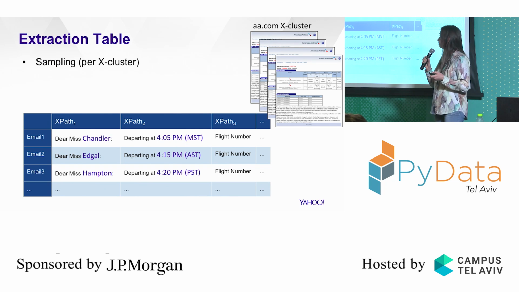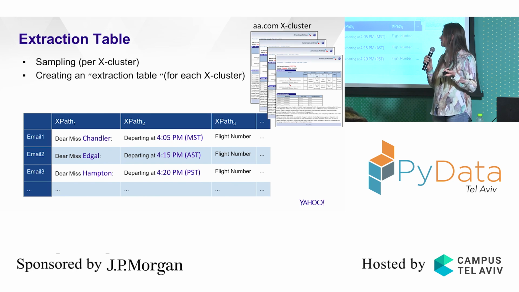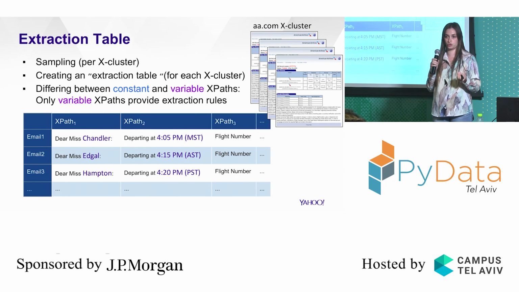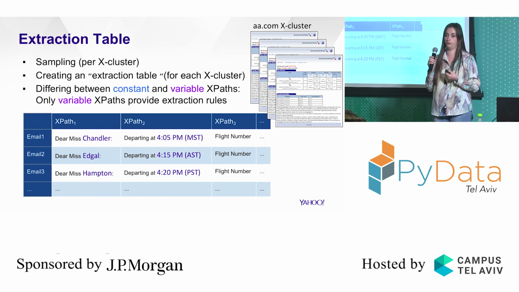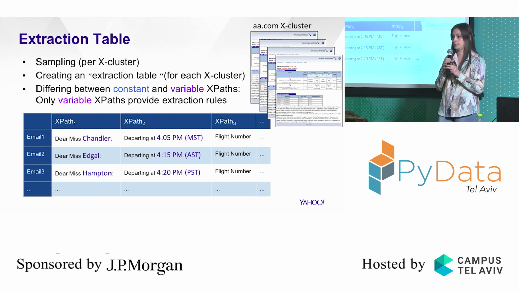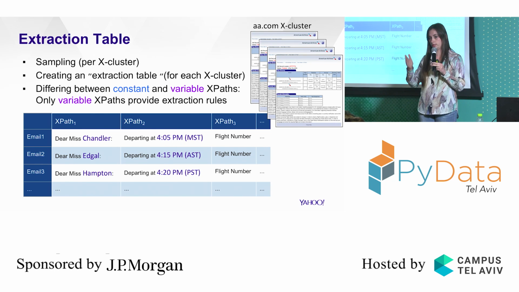So, an important part: we start with sampling and creating this extraction table, but before we go to the rules generation, we also differentiate between constant and variable XPaths. In this example, the third XPath is considered constant. It has exactly the same value for all the samples, like a header title, for example.